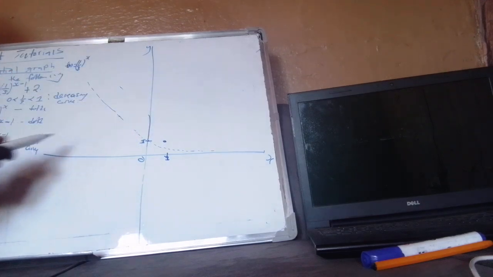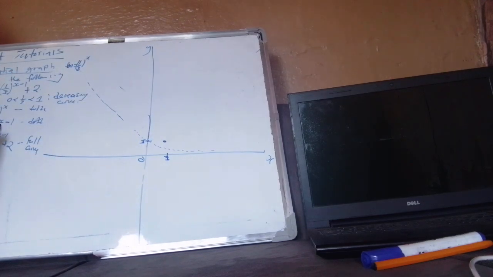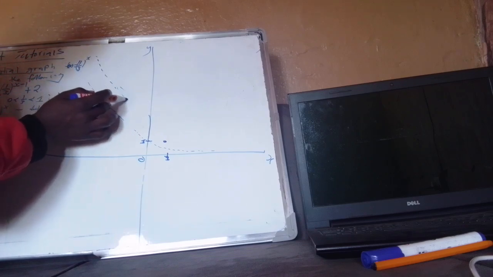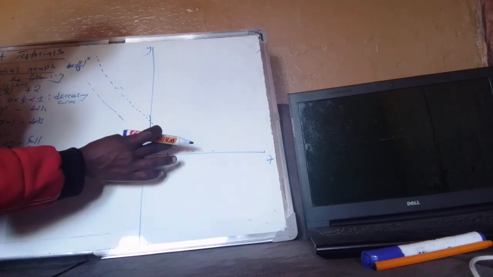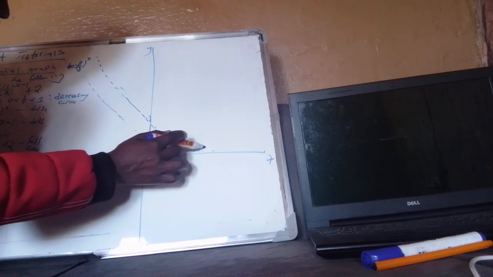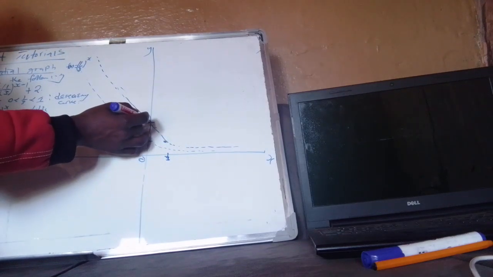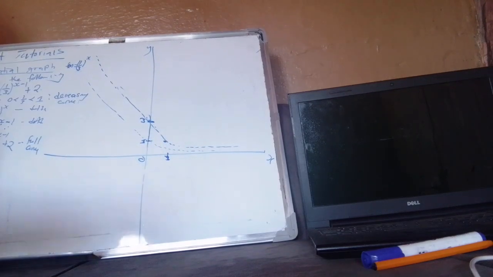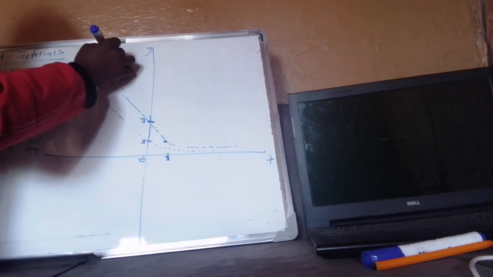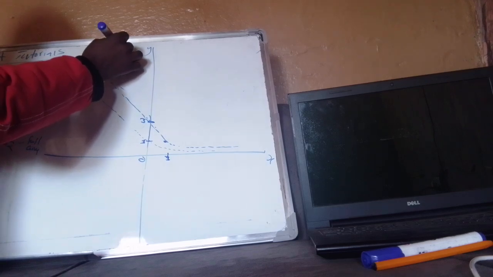When you put x as 0, it means that it will be minus 1. 1 over 3 power negative 1 means it's going to cross at 3. So it is coming there, crossing at 3, and then getting attracted to the asymptote. And you label it as f of x equals 1 over 3 power x minus 1.